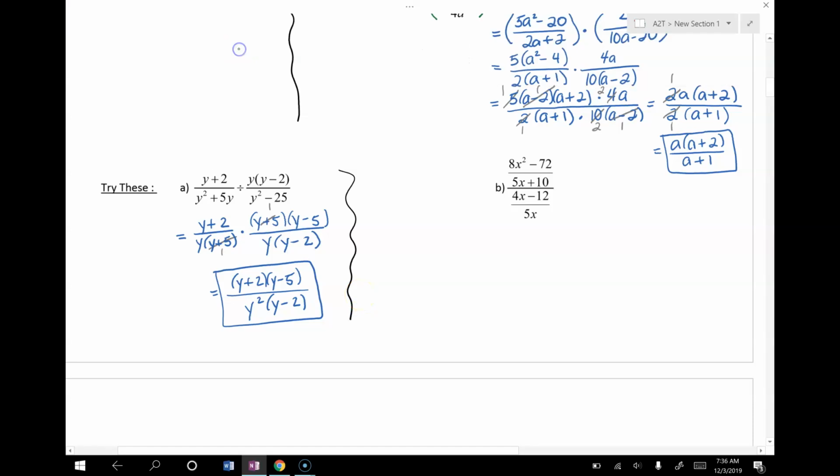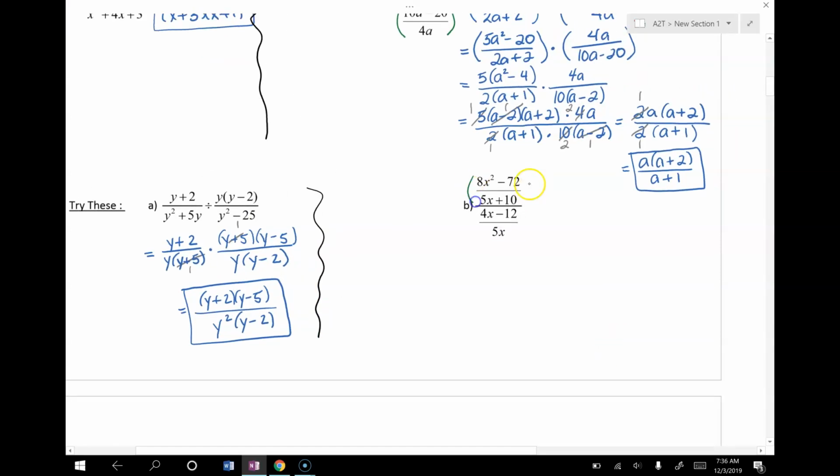Okay, for B, I'm going to do what we talked about and acknowledge that there is that fraction in the numerator, there is that fraction in the denominator, and then I'm going to write it out. So I have 8x squared minus 72 over 5x plus 10, divided by 4x minus 12 over 5x.